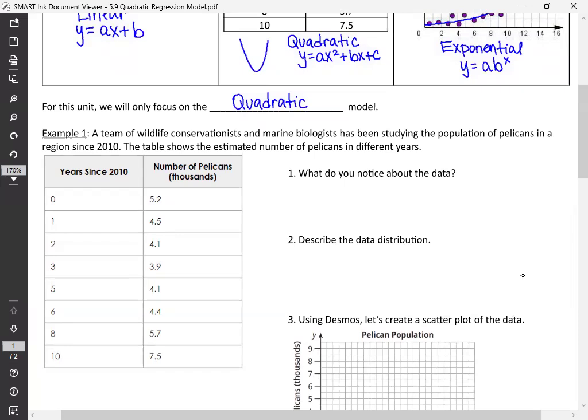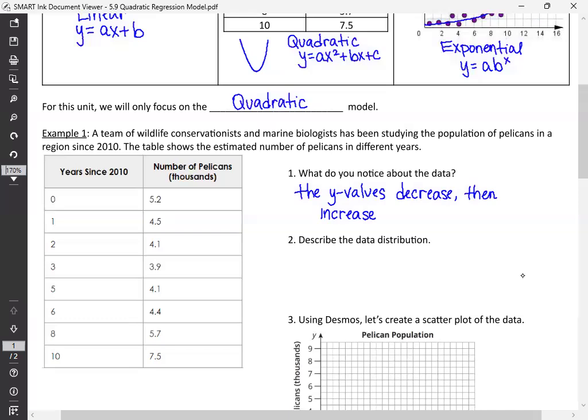This is the same data set from your activating strategy. So I noticed that the y values decrease and then increase. For question 2, it says describe the data distribution.